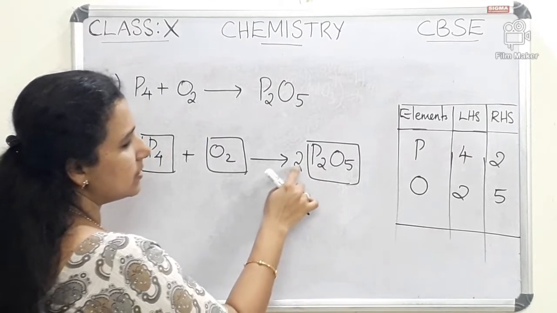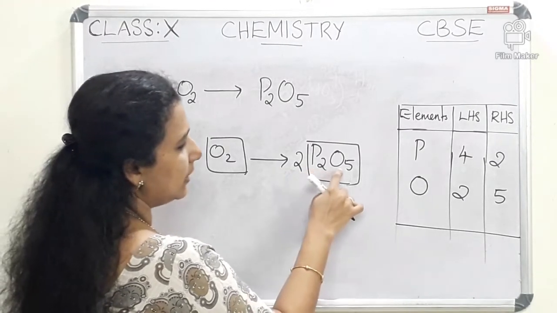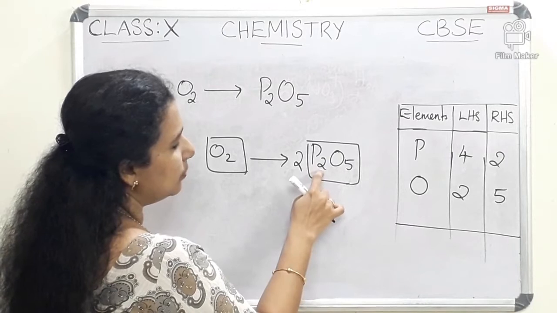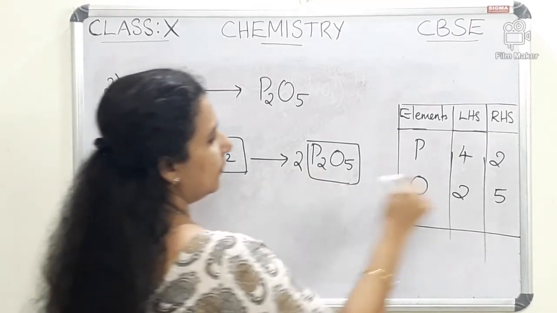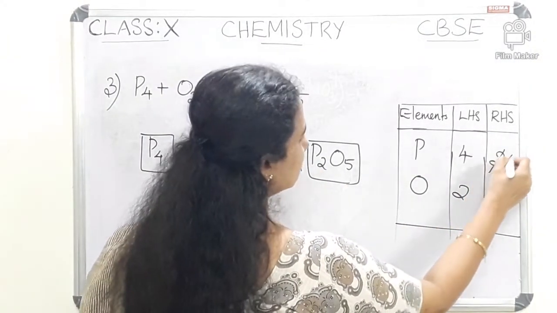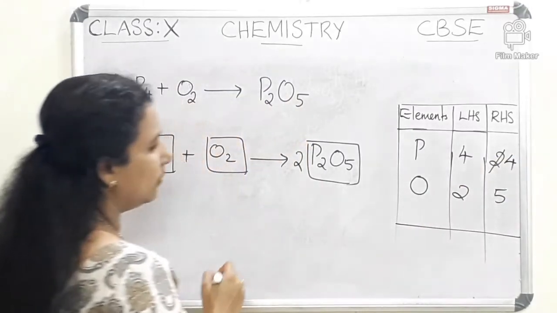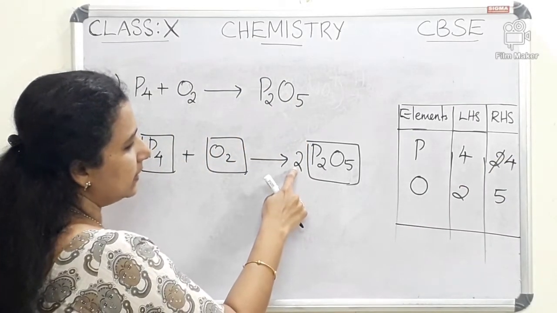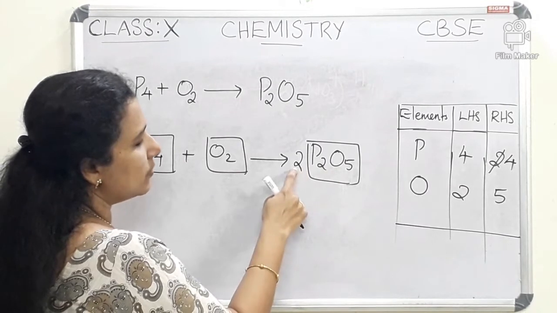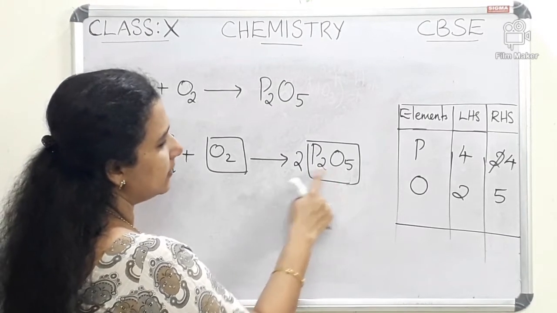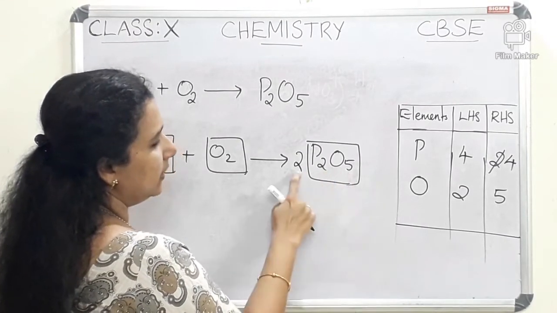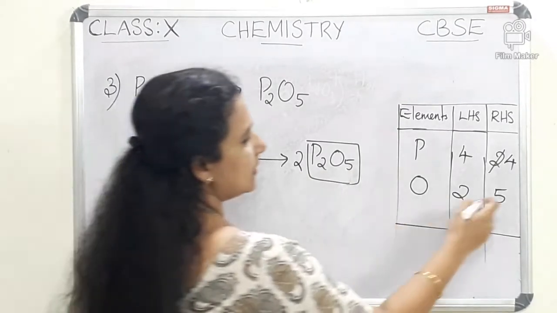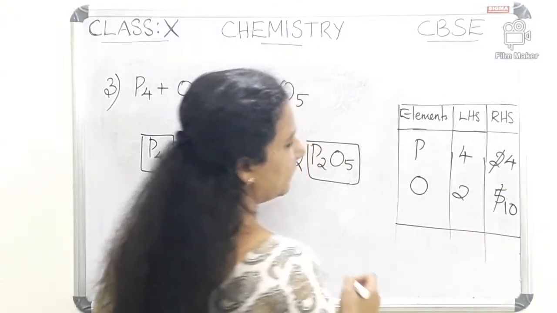So this 2 is applicable to this phosphorus and oxygen. Now 2 into 2 gives 4 phosphorus. Now these phosphorus atoms are equal. Then again we have to check for oxygen also. This 2 is applicable to this oxygen, and now 2 into 5, that means in the RHS it is 10 oxygen atoms.